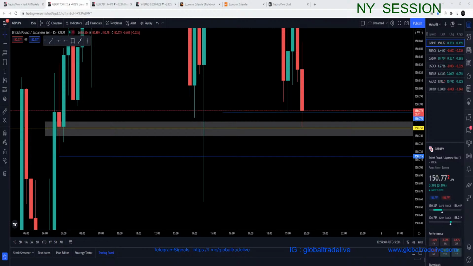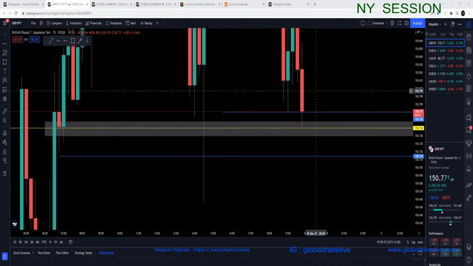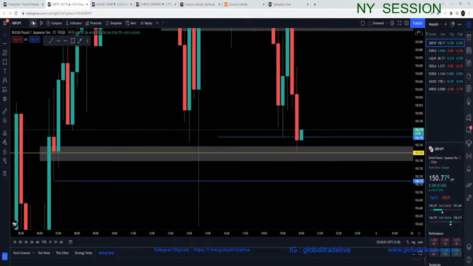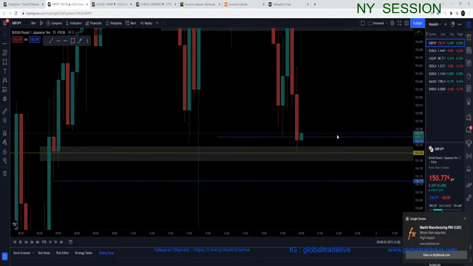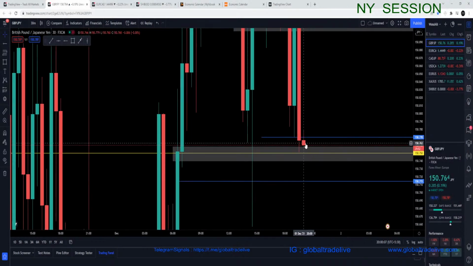Last 10 seconds remaining at this point. Okay, so guys, candle has been closed over here, and with volume it can push the price down, break this low.